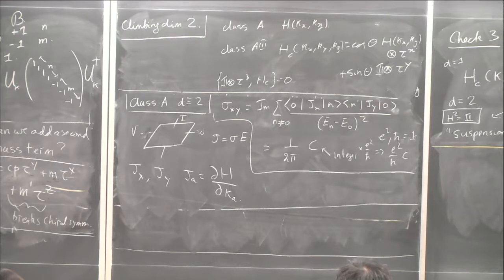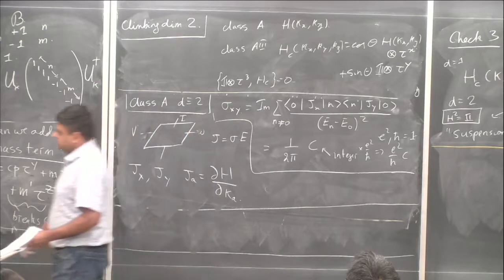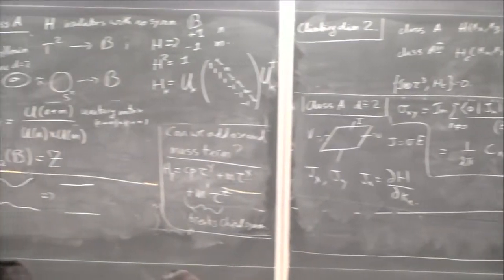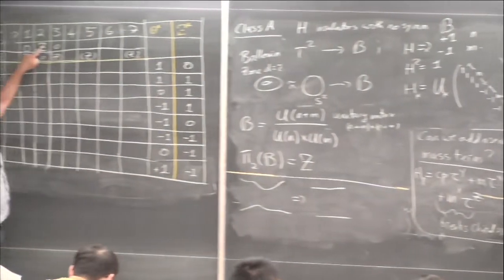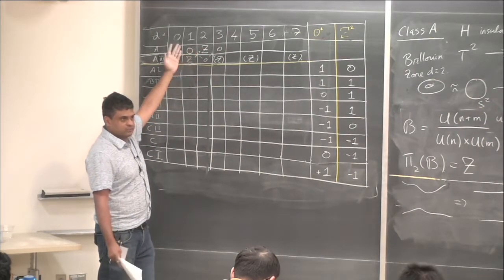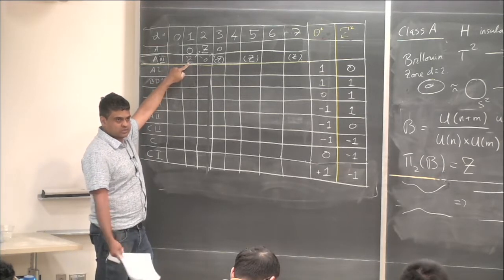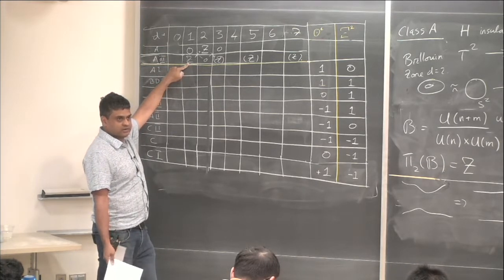Okay, so another connection you can make. When we change this number of parameters, we were thinking of dimension. This invariant goes to an invariant in a different dimension. But the additional parameter that you add could actually be just a parameter. You could still be talking about a one-dimensional system, but with some additional parameter that breaks chiral symmetry.